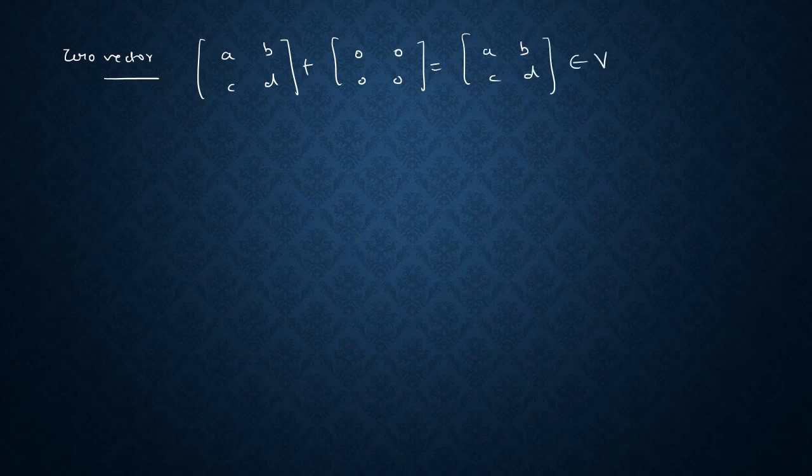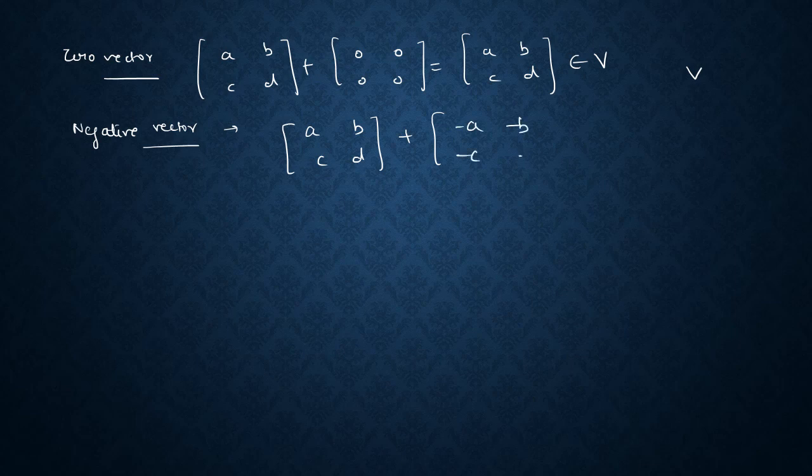So that means this vector V is a zero vector as well. Then if we talk about the additive inverse, that is the negative vector. If you take the elements and their additive inverse and add them up, you will get a zero matrix. So yes, it is following this property also.